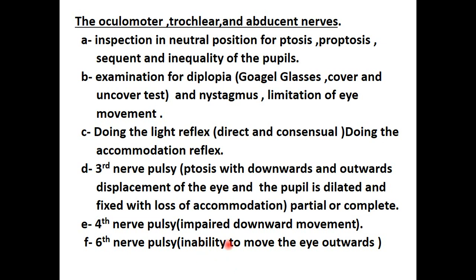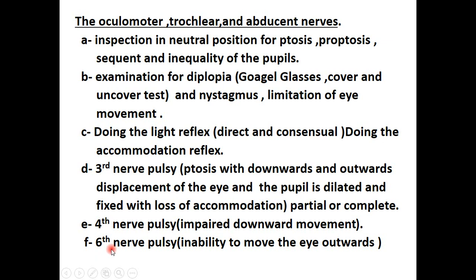In oculomotor nerve palsy, all these muscles fail and we get a dilated pupil. The fourth cranial nerve supplies the superior oblique. In fourth cranial nerve palsy or injury, there is impaired downward movement, especially when climbing down stairs, which is very difficult.